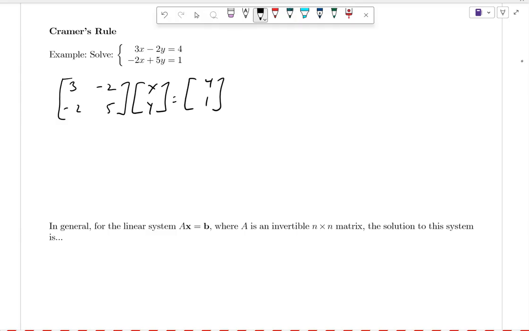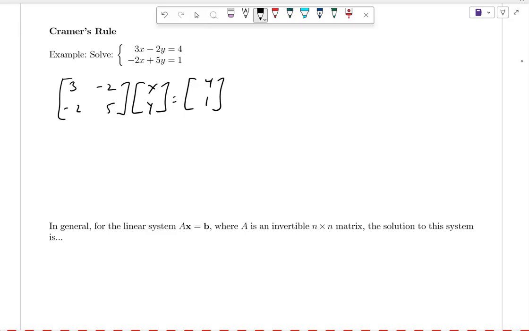Good. So one way we talked about solving this system was that if I knew the inverse of this matrix, I can multiply by it on both sides, and then do the multiplication on the right-hand side, and that would give me the answer, right?